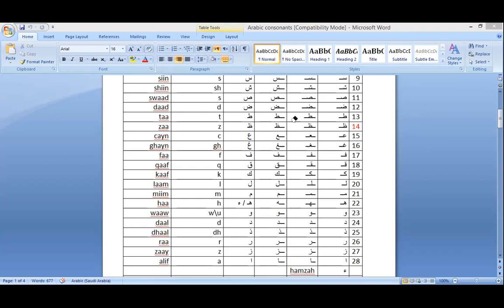Let me begin with Adim. I have to start from Ain. A. Ghain, Fa, Qa, Ka, La, Ma, Ha, Wa, yes.